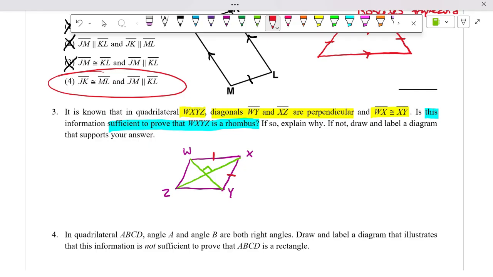What do you think? Look at your foldable. That may help.